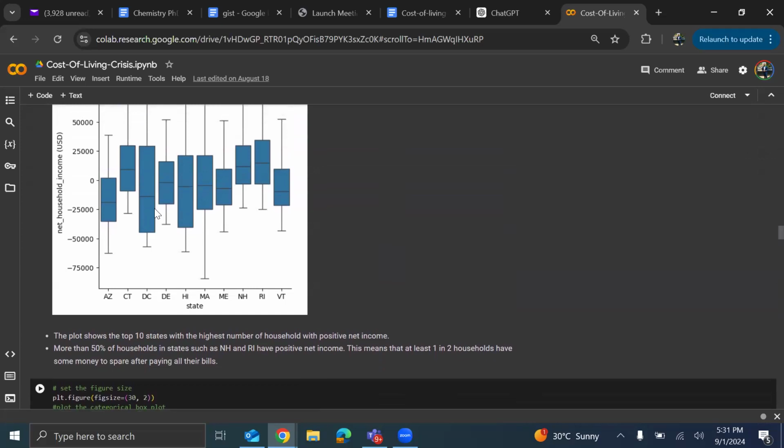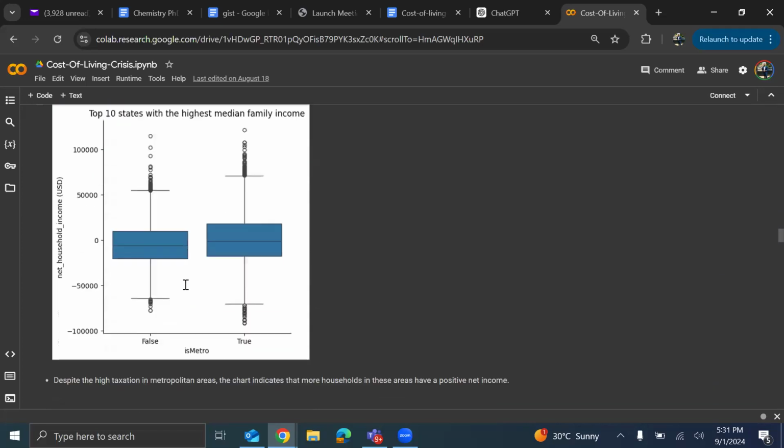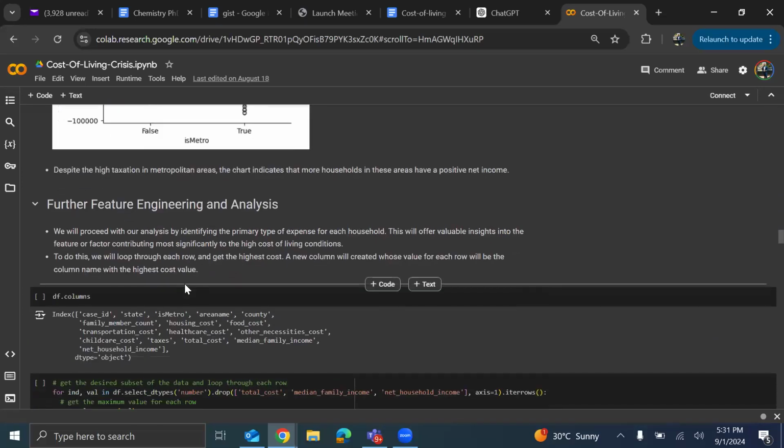Okay, so going further, my analysis was to say, okay, I have all the costs here. I have the healthcare cost, the housing cost, the food cost, and all of them. For each household, which of these costs is the highest?